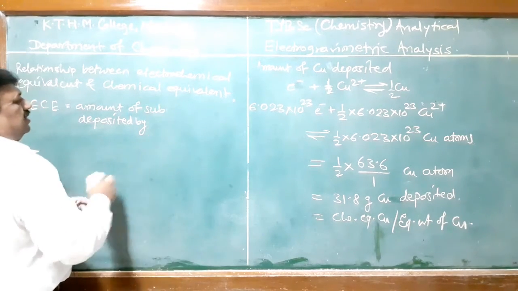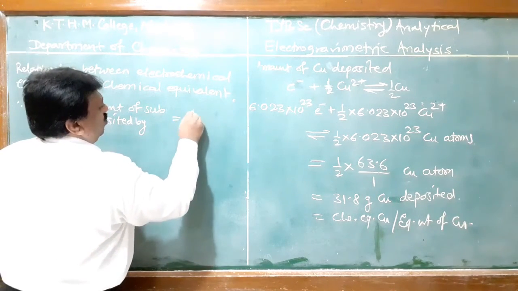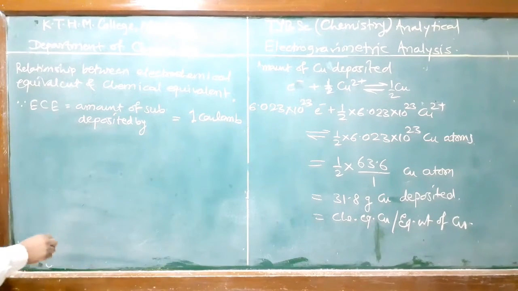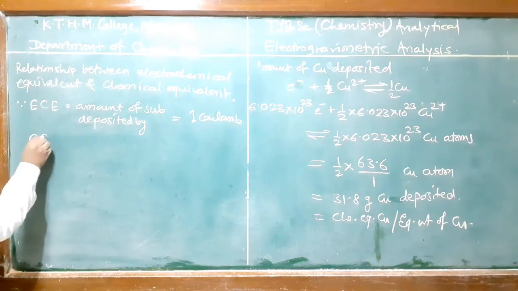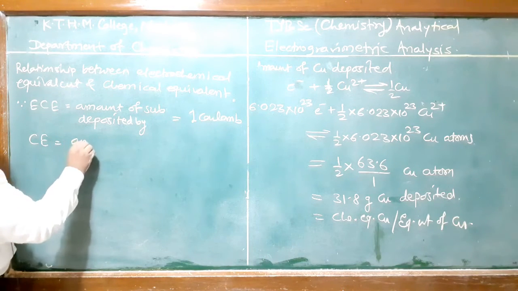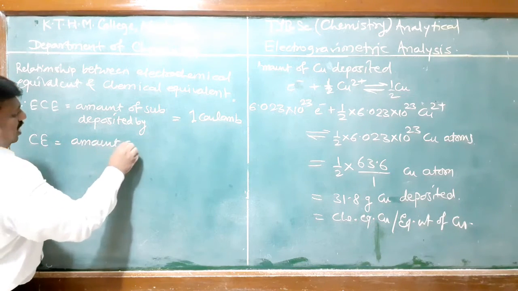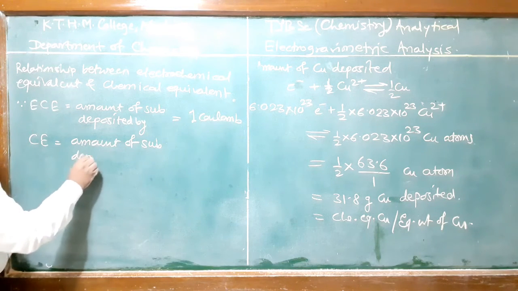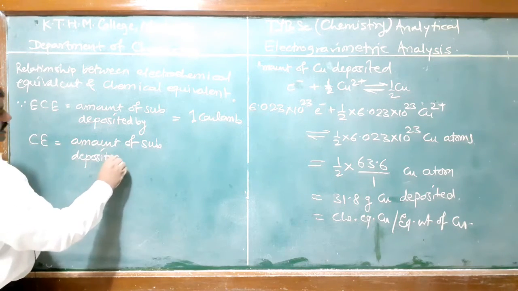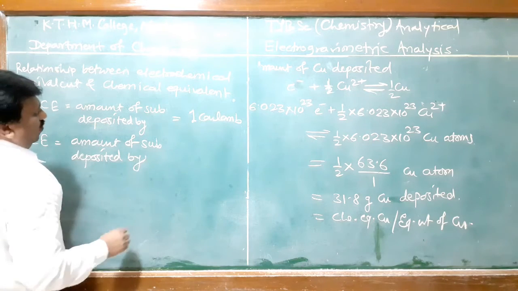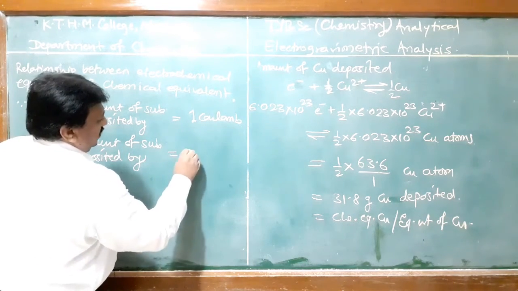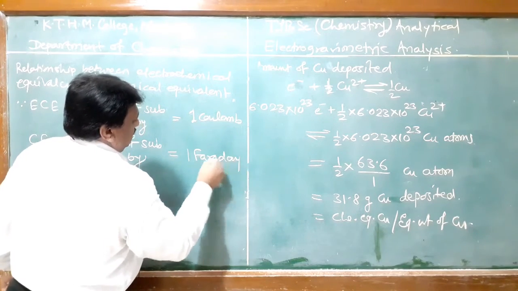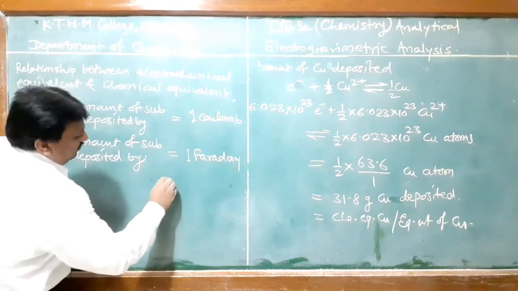And chemical equivalent is the amount of substance deposited by 1 Faraday of electricity.